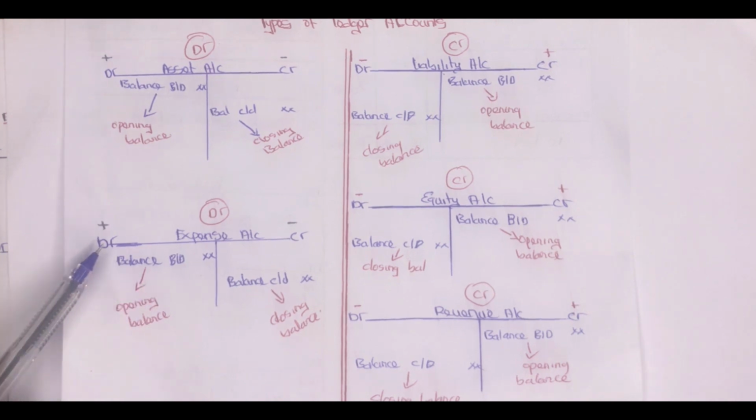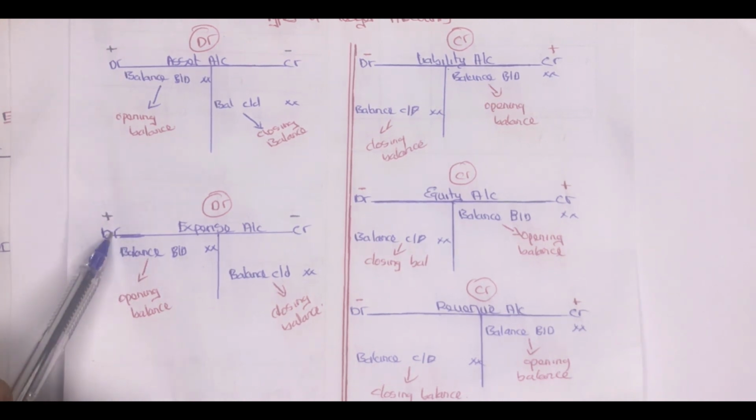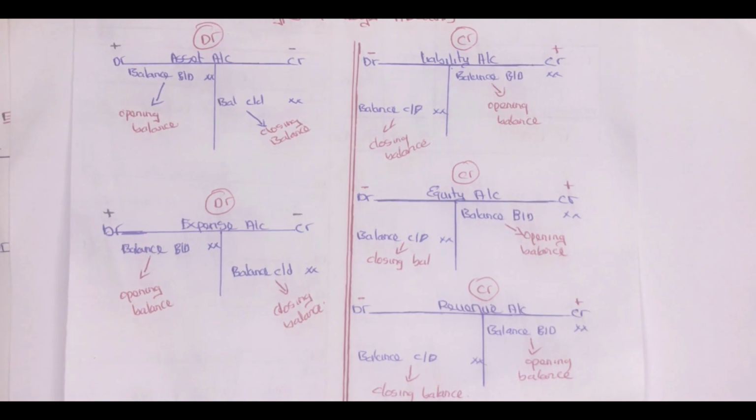So it is increasing the debit side, or the debit side increases the salary or the expense account. The expense account also has an opening balance and a closing balance.